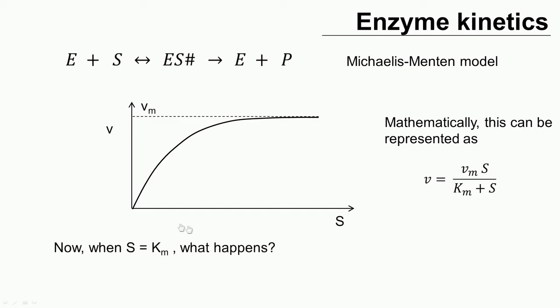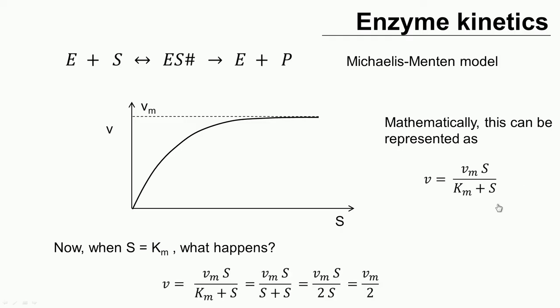Now, when the substrate concentration becomes equal to Km, let us see what happens to this expression. V equals Vmax S by Km plus S. So, Km is S. So, let us substitute S for Km. So, you get Vmax S by 2S, S plus S is 2S, and S and S can cancel out and you get Vmax by 2. What does this mean graphically?